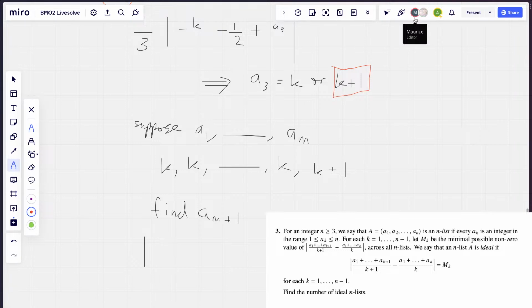Oh, right, by induction. This is the way you're doing it. So that's M_K plus or minus 1 plus A_{m+1}.